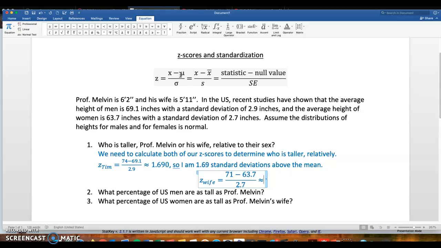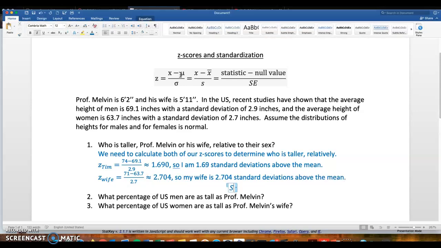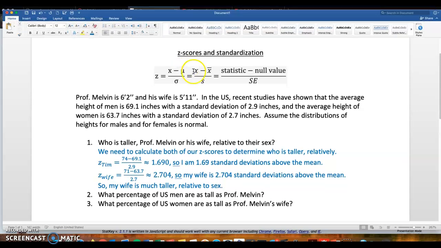In the calculator, I got 2.704. So that means my wife is almost 3, 2.704 standard deviations above the mean. So this means my wife is much taller relative to sex.